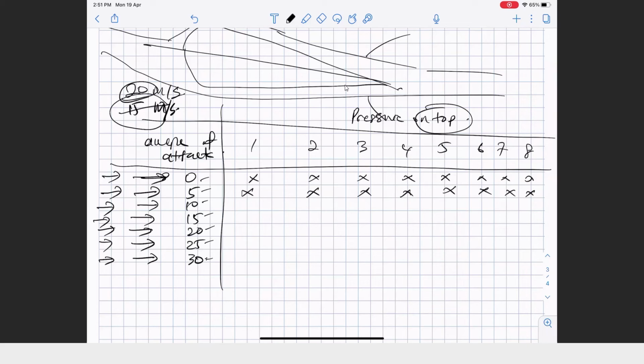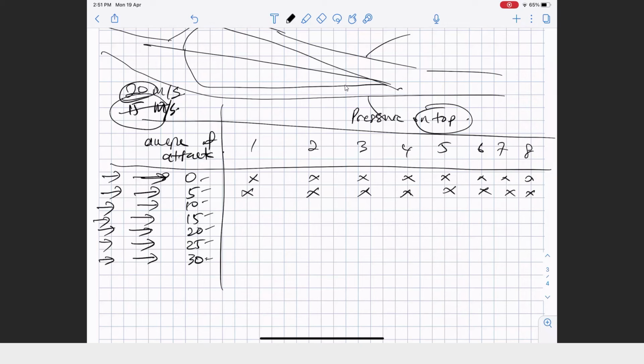The challenge now is to look at those graphs and look at the trend of what is happening when the angle of attack is increasing. See the difference in the pressure profile of that aerofoil. Maybe when you look at it for the first time, you have no idea what it means.